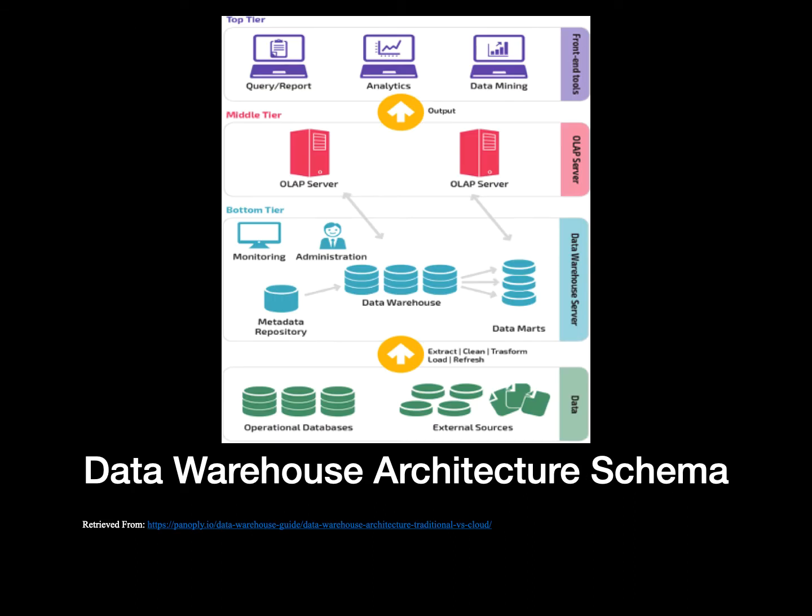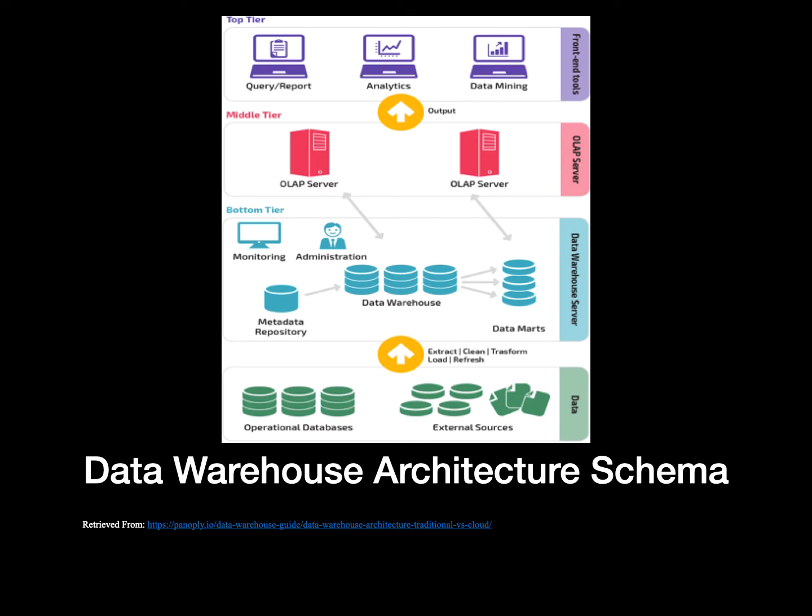Next, we're going to talk about the data warehousing architecture schema, which you see. This is the schema that we talked about and was approved for me to use. We're going to start at the bottom with data. The databases and the external sources, we're going to gather those.